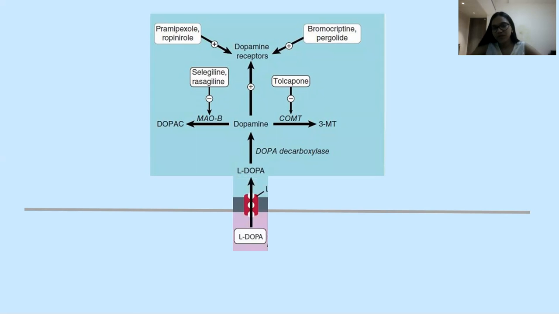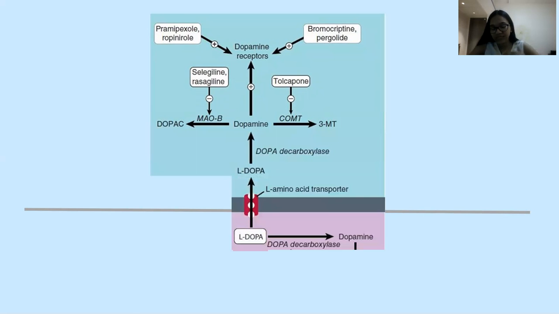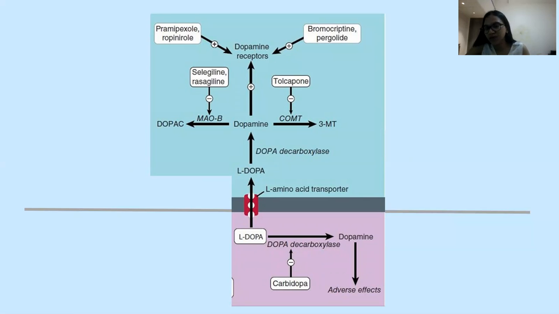But unfortunately, this levodopa also gets converted to dopamine peripherally, that is outside the brain, and this dopamine will cause unwanted adverse effects. So to curb the peripheral conversion of levodopa to dopamine, we co-administer peripheral dopa decarboxylase inhibitors like carbidopa along with levodopa.